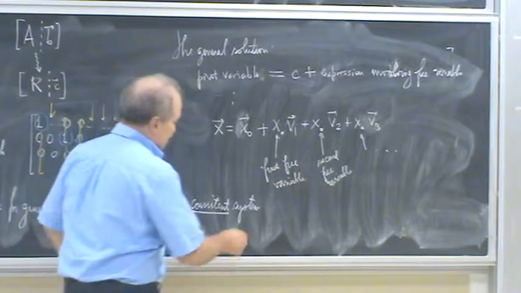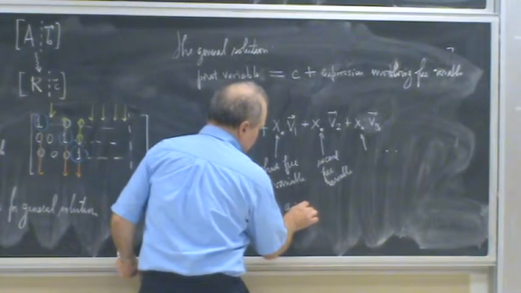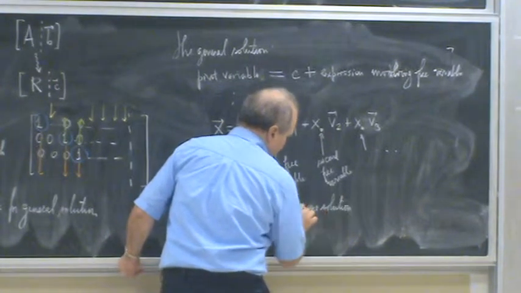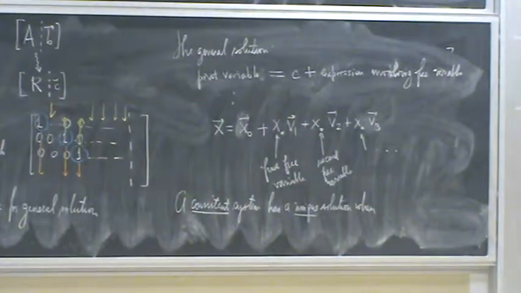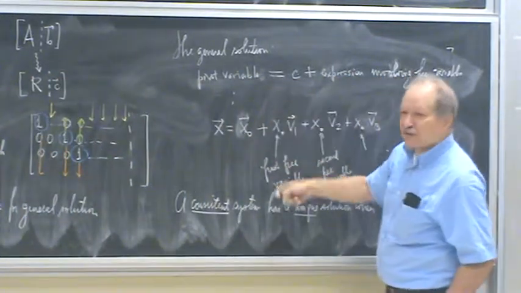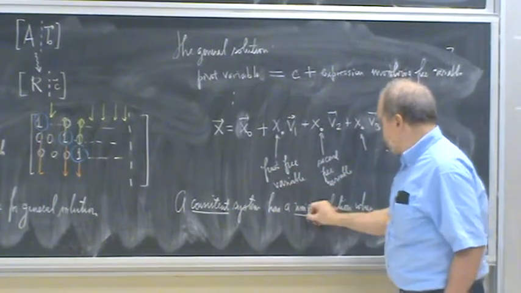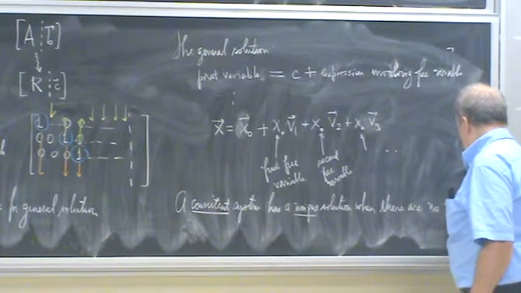A consistent system has a unique solution when what is true? There are no free variables, right? As the free variable varies, you're getting infinitely many solutions to the original equation. So if you have a unique solution, there are no free variables.